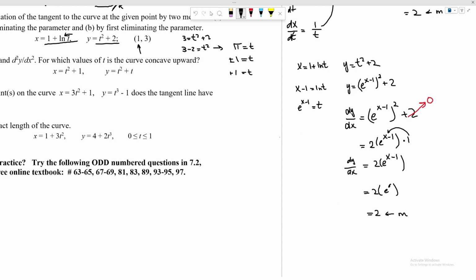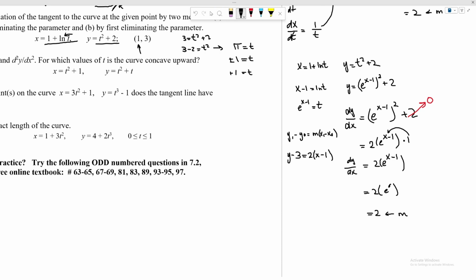Now how do you find an equation? You'll do y1 minus y0 equals m times x1 minus x0. That's how you can find your equation if you have a point. And so our y minus my first y, which is 3, equals my slope, and then my x is still the same, minus the x I have, right?